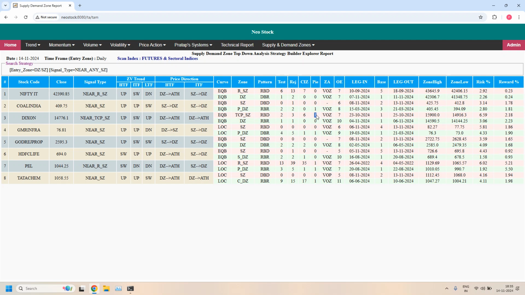Dixon is pierced, so it's not valid. PEL is also pierced, so it is not valid. That means we don't have any valid daily high liquidity supply zones from this list.